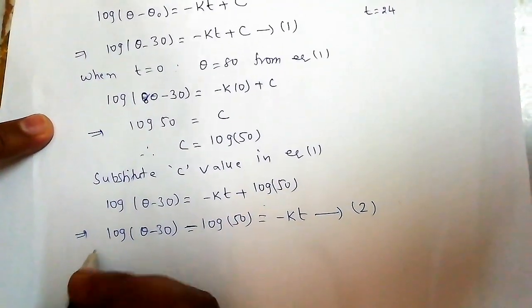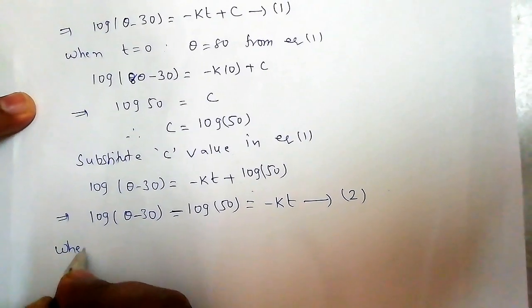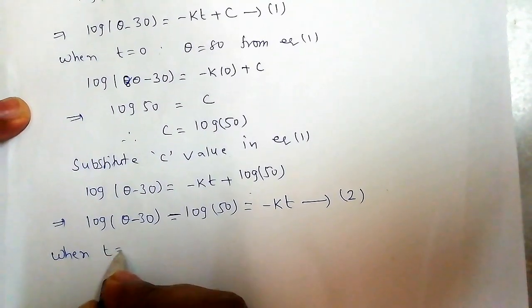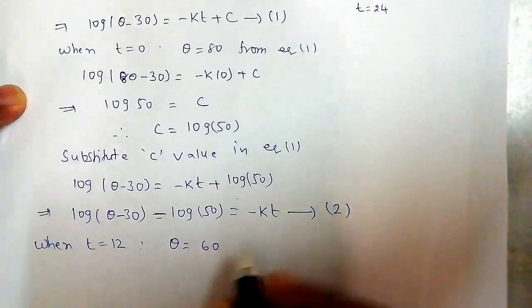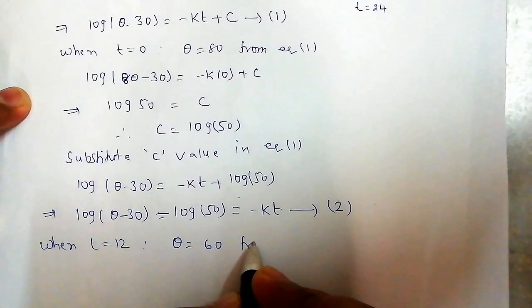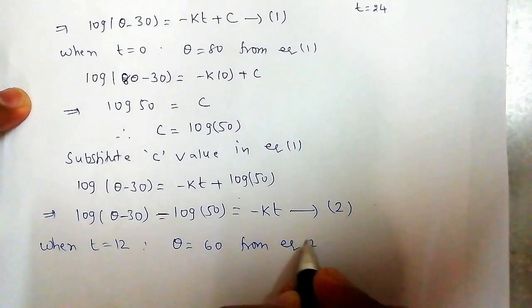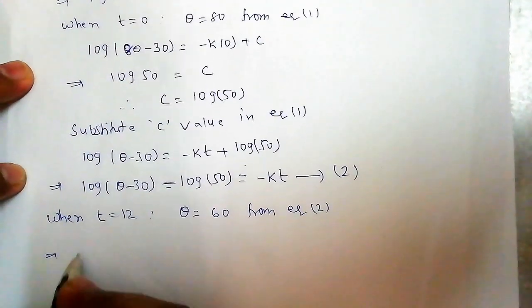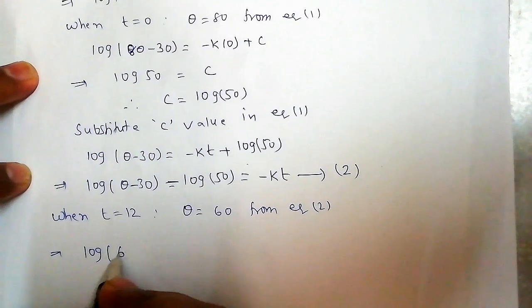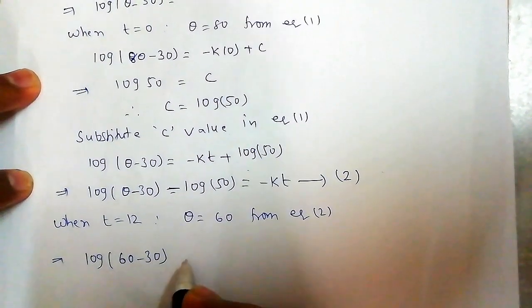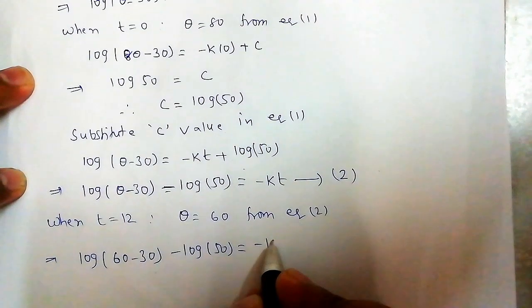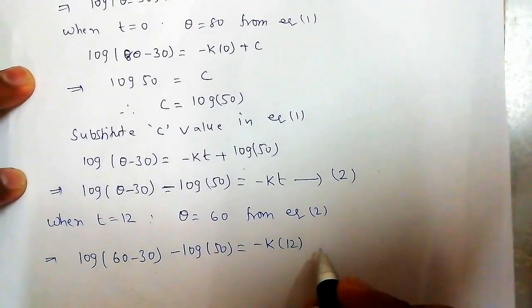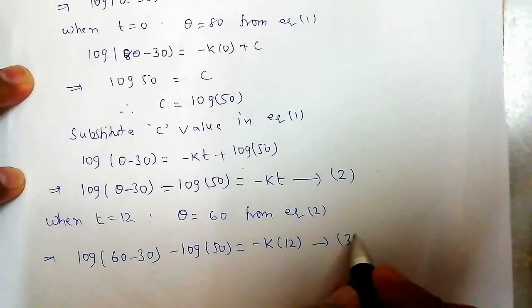We have one more condition, which is when t equals 12, theta equals 60. So from equation 2, I get log of 60 minus 30 minus log 50 equals minus k into 12. I am taking this as equation 3.